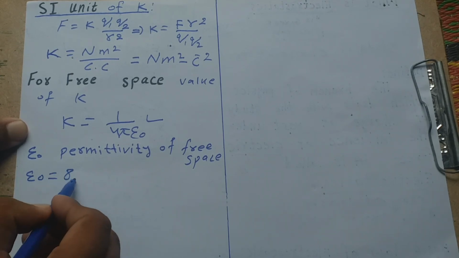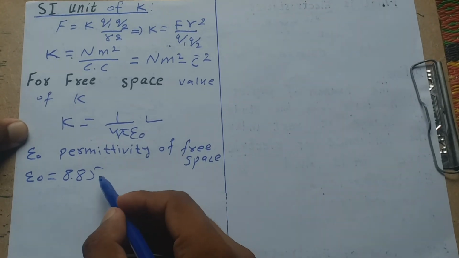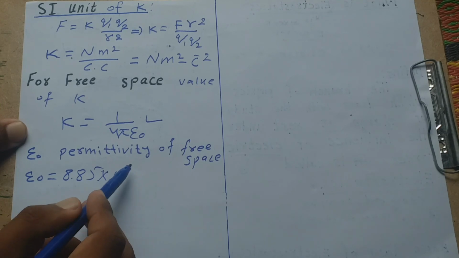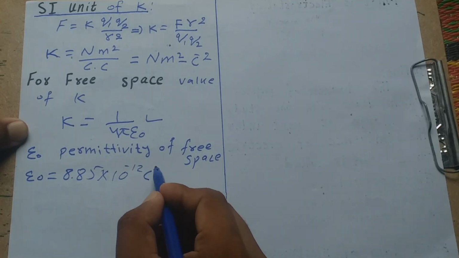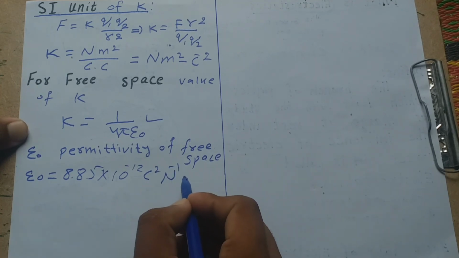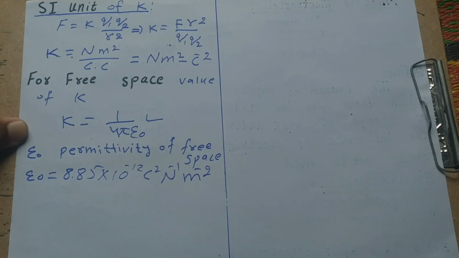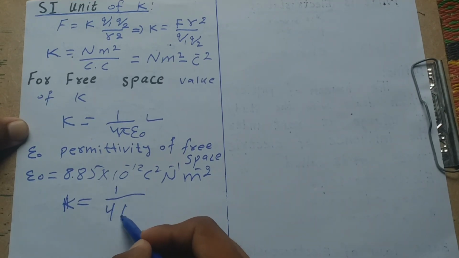The value of epsilon naught is 8.85 multiplied by 10 to the power minus 12 C squared per newton per square meter, and we can easily find the value of K by putting the value into 1 over 4 pi epsilon naught.